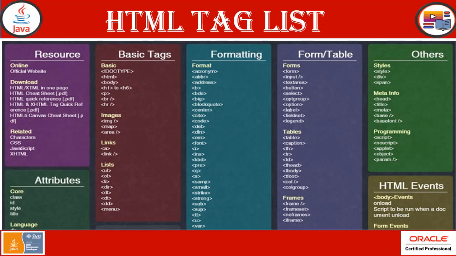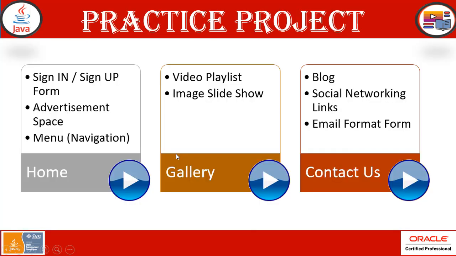Here we are providing you some HTML cheat sheet where we have listed all the available tags in an organized form, where we can see the resources, attributes, basic tags for formatting, form, table, and others. With advanced events also you can add. Practice project: you can design a web application where we have the sign in and sign up form.